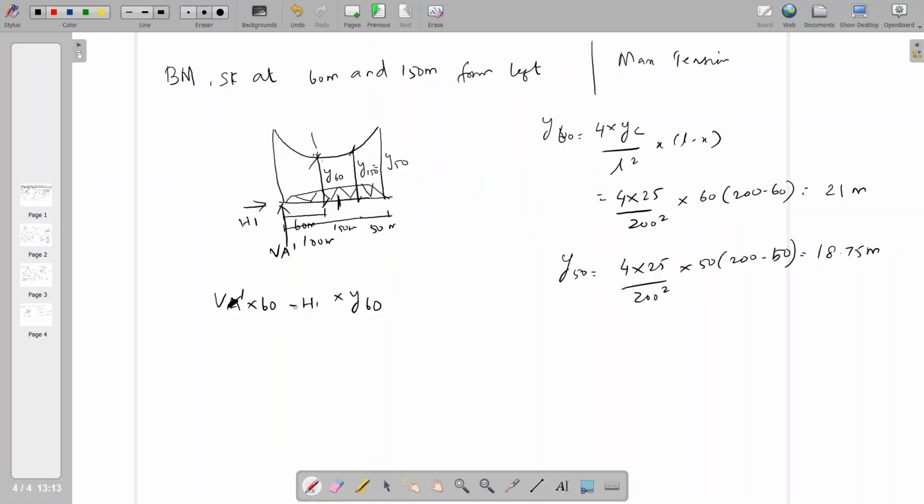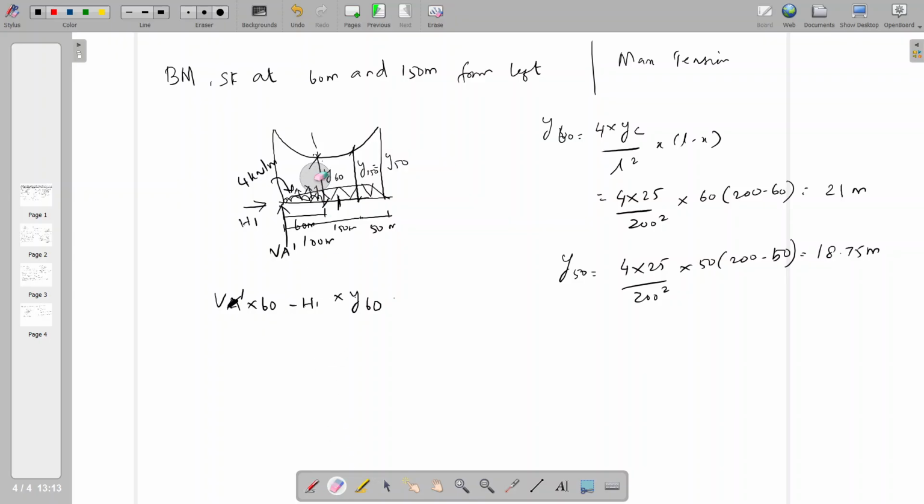VA dash into 60 minus H1 into Y60, and the loading, which is 4 kilonewton per meter, acting in the downward direction.